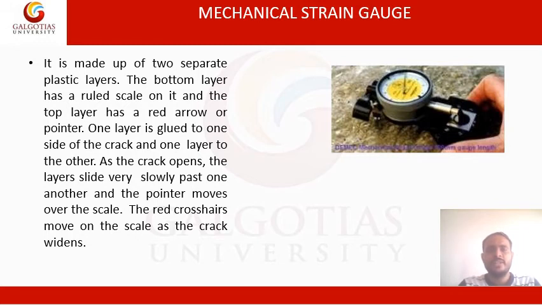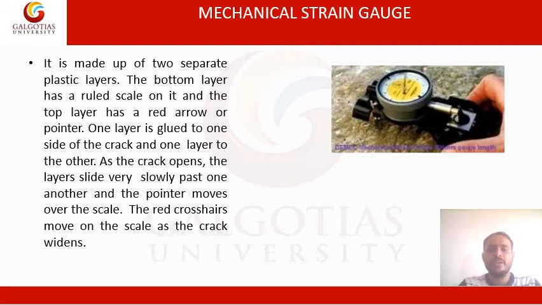It is basically made up of two separate plastic layers, where the bottom layer has a ruled scale on it and the top layer has a red arrow or pointer, and one layer is glued to one side of the crack and the other layer to the other side.